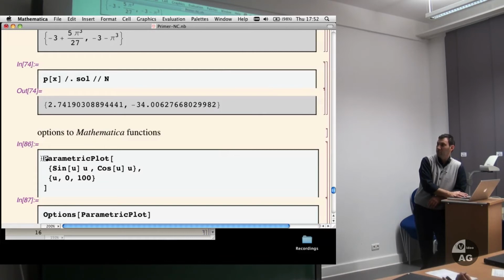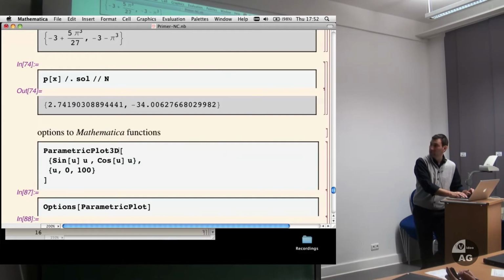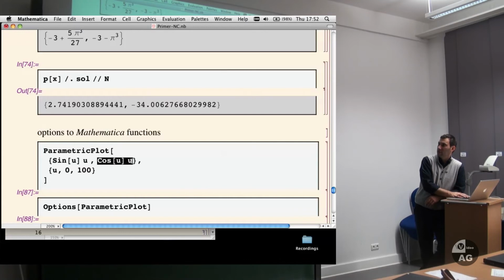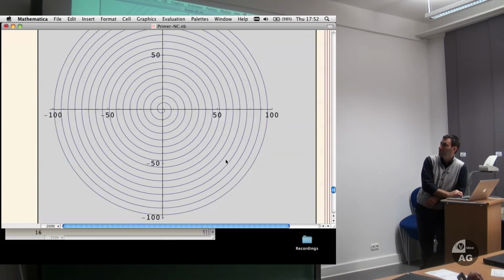You see capital P, so this is an internal function, and it's 2D, otherwise I would have to say 3D here, but so you already expect something in 2D. So I pass 2 coordinates, x and y, and they both are expressed in terms of a parameter, and I vary the parameter from 0 to 100. What I get is a spiral.